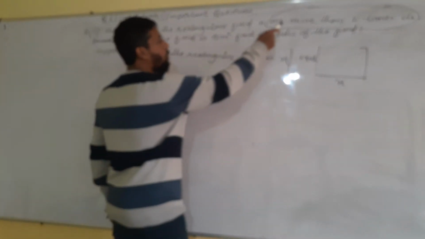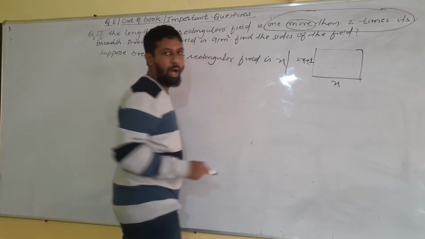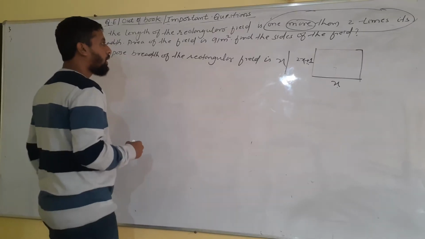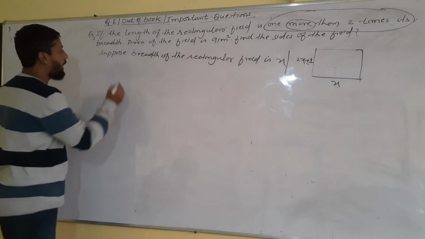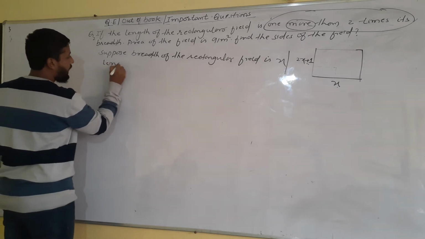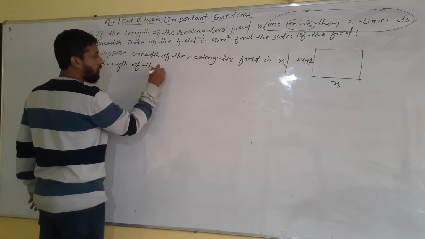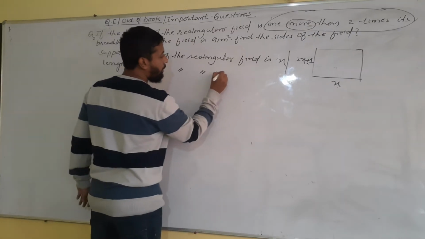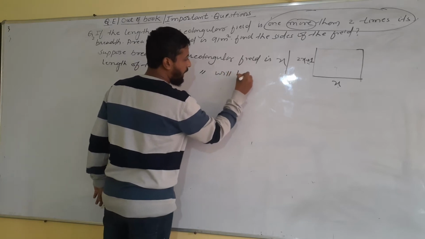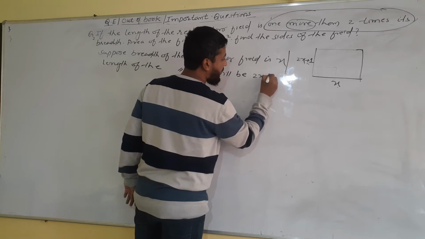So here the word is more, so we use plus sign, plus 1. Now let's solve the question. Breadth of the rectangular field is x. Now length of the rectangular field will be 2x plus 1.